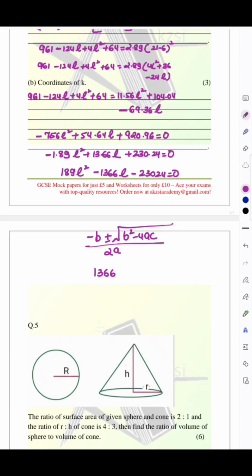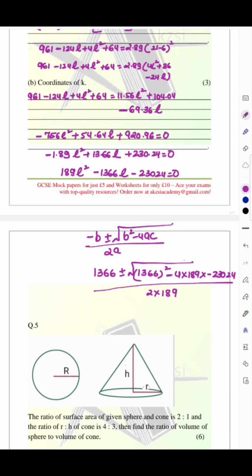Negative of negative is positive, that's why I have written positive 1366 plus minus root of 1366 whole squared minus 4 times a times c, which is minus 23024, over 2 times a, which is 2 times 189.